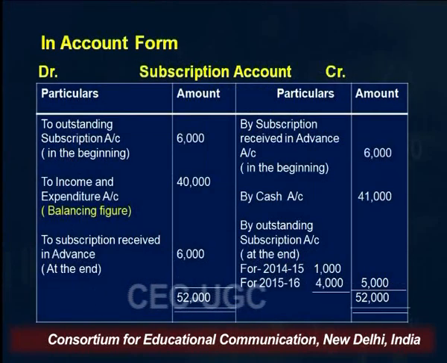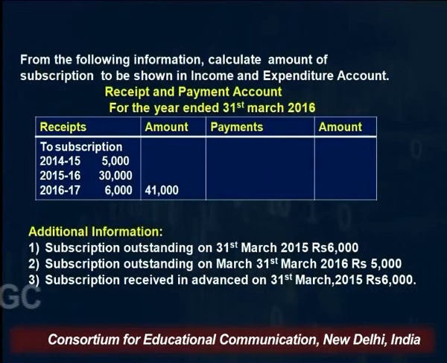So let's calculate the amount of subscription with the help of this account form. While preparing this subscription account, the outstanding subscription in the beginning, which was rupees 6,000, as you can see from the question, is given in the additional information as subscription outstanding on 31st March 2015.